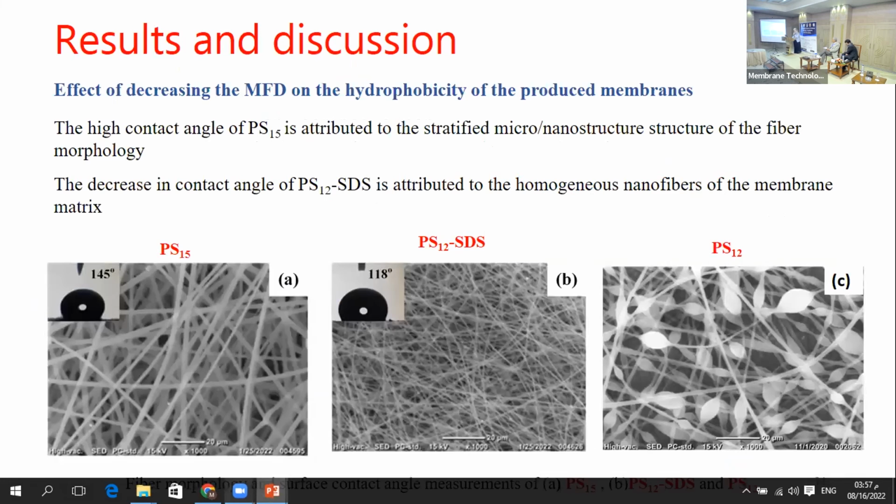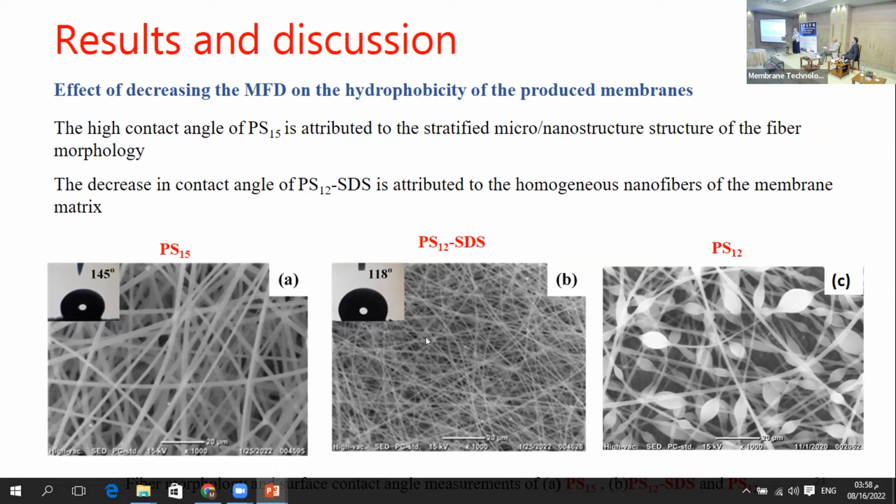First of all, preparation of a polystyrene membrane from the 12% concentration solution yielded a heavily beaded structure, as can be seen here in this STEM image, while preparing a polystyrene nanofibrous membrane from polystyrene 15% yielded beadless, continuous, uniform fibers, but with a very big mean fiber diameter.